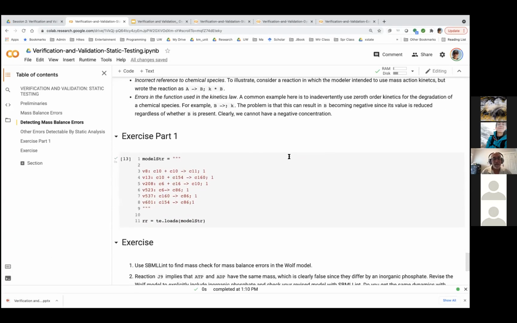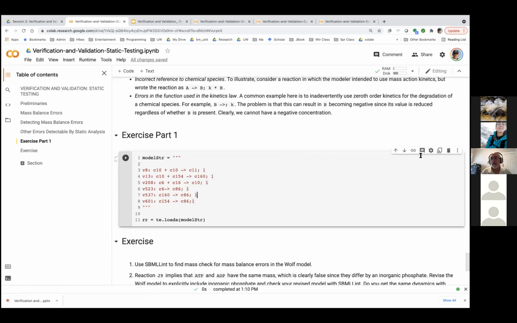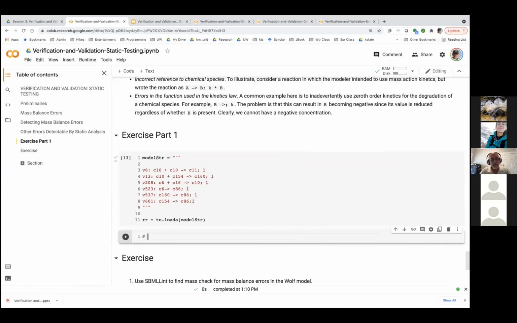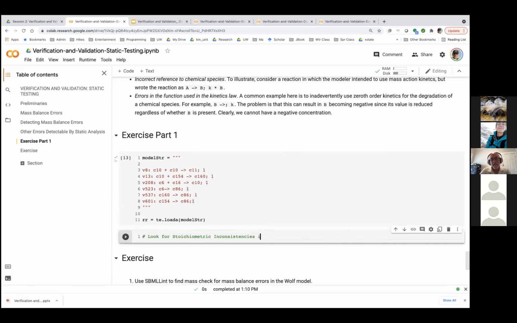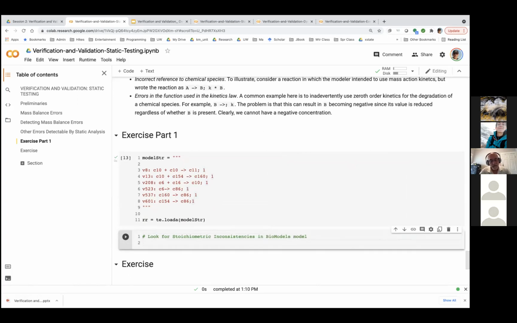Then I'm going to add a new cell down here and say, look for stoichiometric inconsistencies. I've forgotten which one it is in BioModels. Okay, so here's what I've got. That was the original one. Let's put in model string and see what happens.